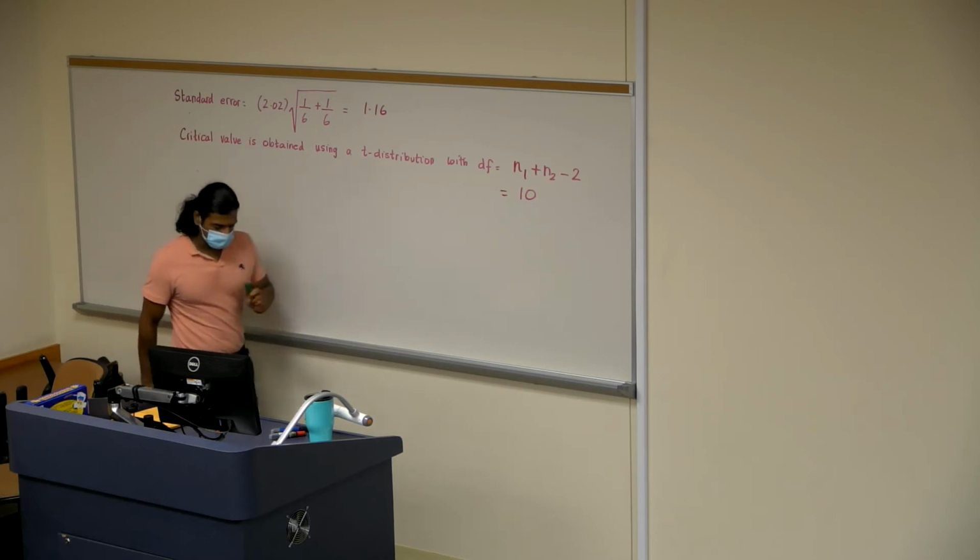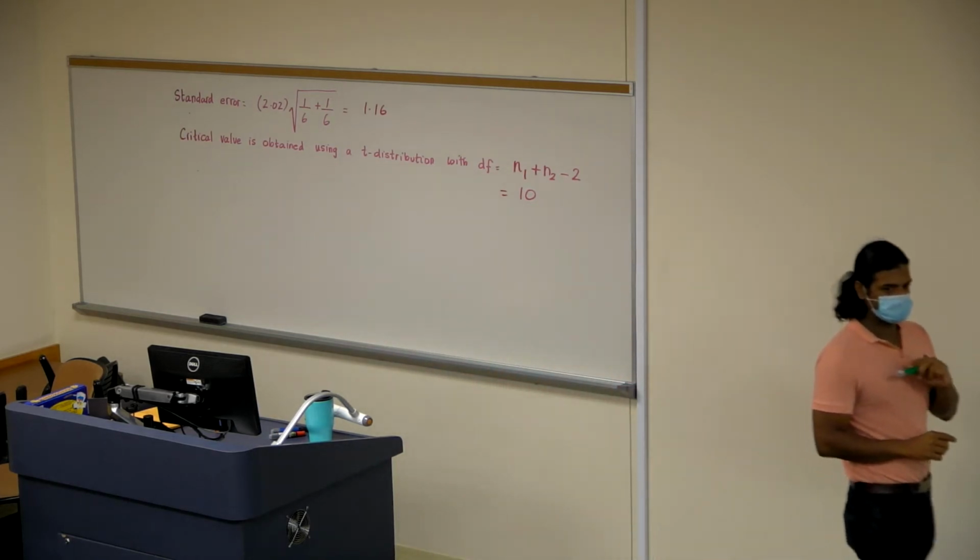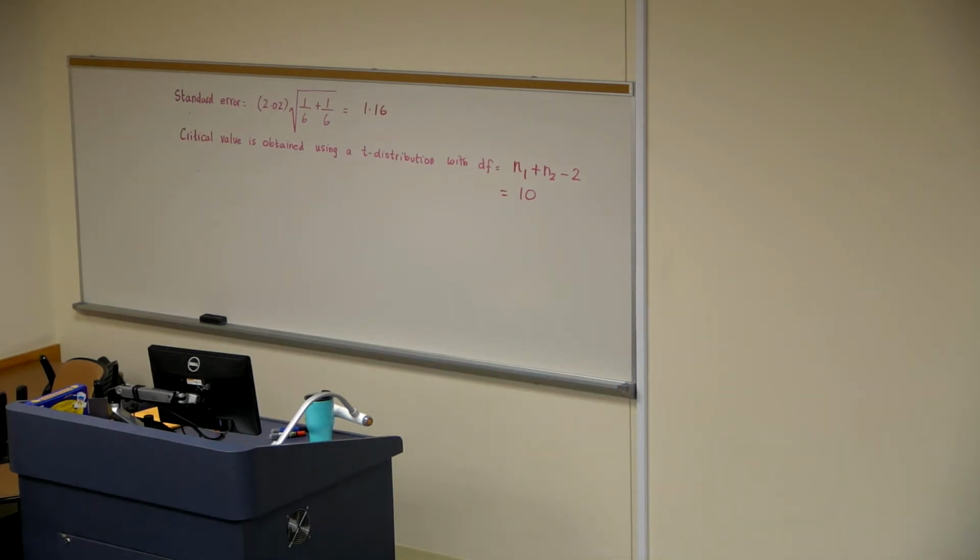What function in the calculator do we employ to find the critical value from a t distribution? Inverse t, very good.